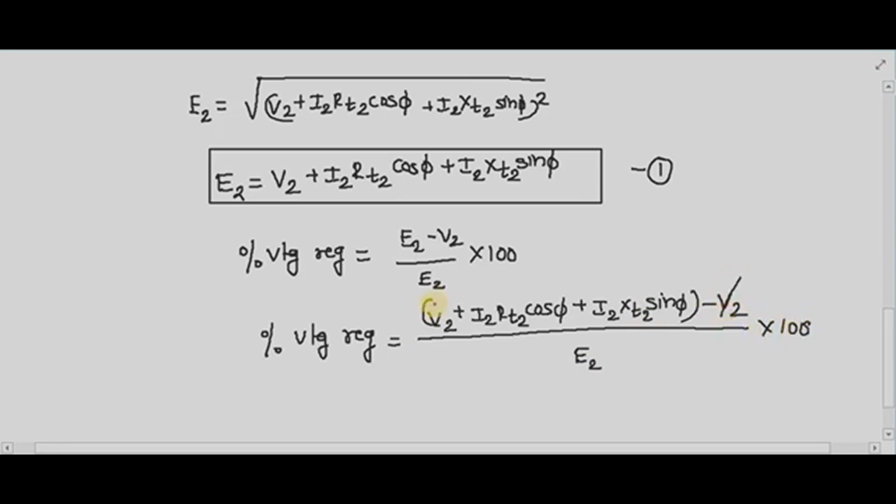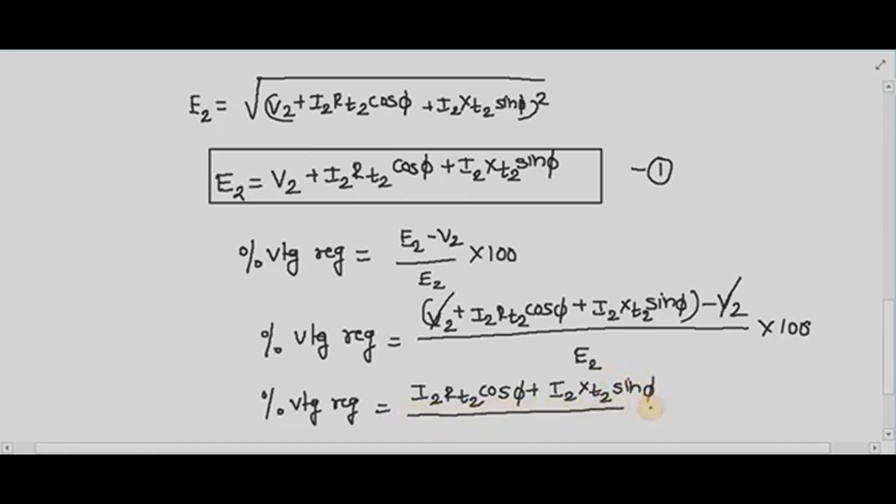So this V2 will get cancelled. Your percentage voltage regulation equals I2 RT2 cos of phi plus I2 XT2 sine of phi divided by E2 into 100.